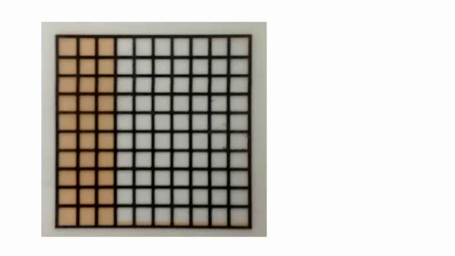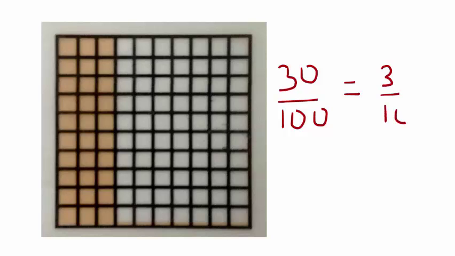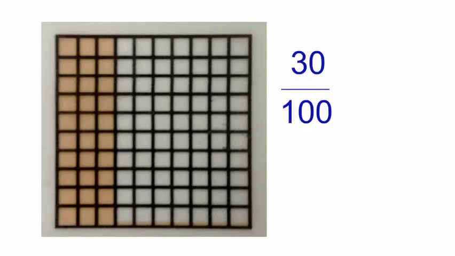Now, by carefully observing this picture, can you identify the fraction? Is it not 30 parts out of 100 parts? So, can I say my fraction is 30 by 100 or 3 by 10? Now, can you write 30 by 100 as a decimal?